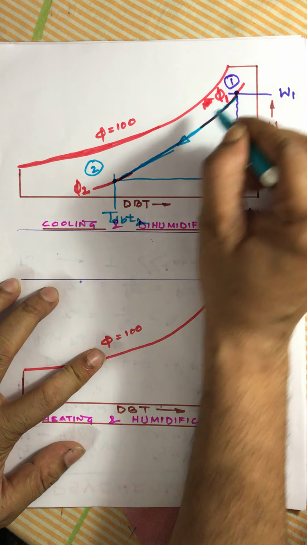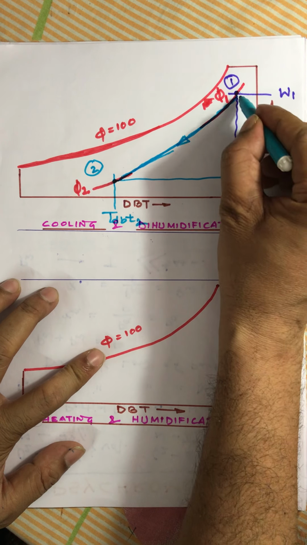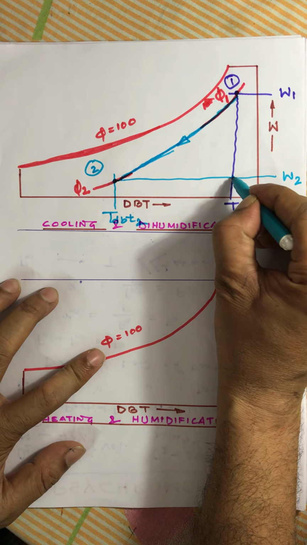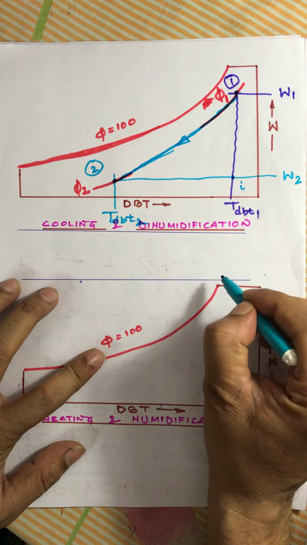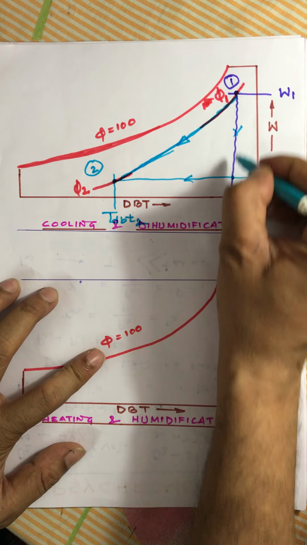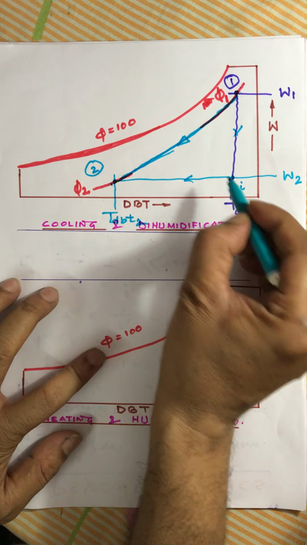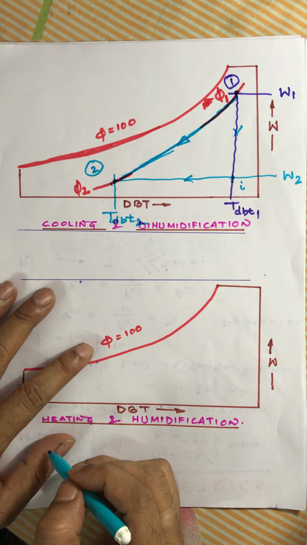First of all, if you consider the 1 to 2 process, it is a combination of 1 to I, where I is for intermediate, and then I to 2. That means 1 to I is a pure humidification process and I to 2 is a sensible cooling process.